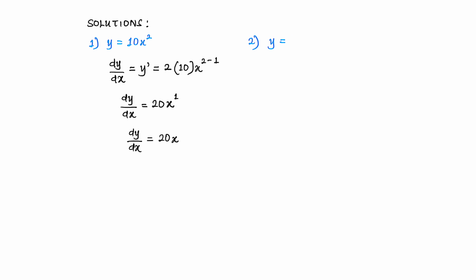Because as we can see, if we want to do dy/dx, this equation has no x, or if you want to introduce an x, it simply means the x is raised to power 0. Based on our understanding, we know that the derivative of a function that is constant is 0. So differentiation of y with respect to x, but there is no x. So that means the answer is 0.